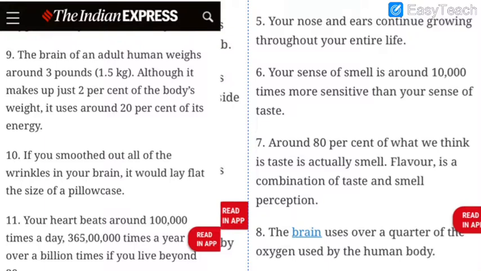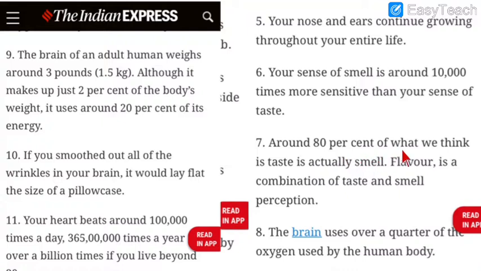A few more facts are there and then I'll end this lecture. Your nose and ears continue growing throughout your entire life. You might have heard your elders saying that after 18 your height will not grow, but your ears and your nose grow continuously throughout your life. Isn't it very interesting? Your sense of smell is around 10,000 times more sensitive than your sense of taste.